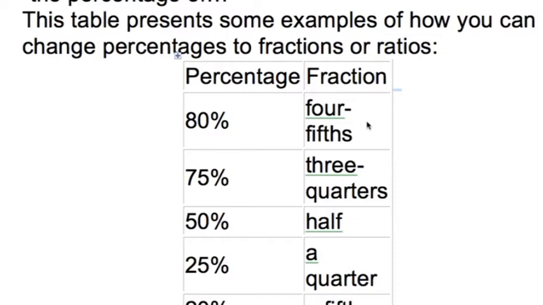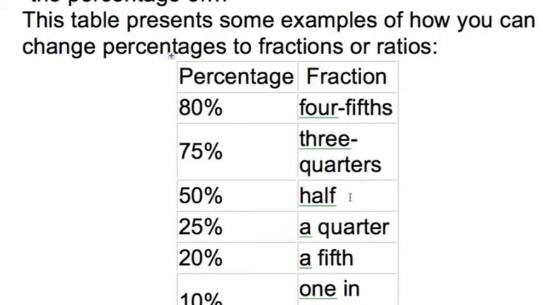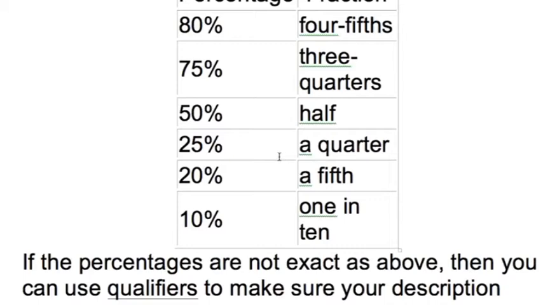If it's 75%, then you can say 3 quarters, and if it is 50%, then you can say half, and when it is 25%, you can say a quarter, and if it is 20%, you can call it a fifth, and when it is 10%, you can say 1 in 10.